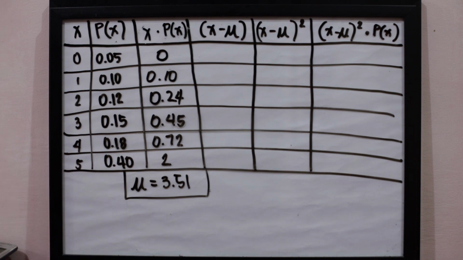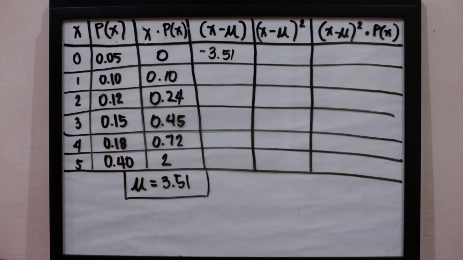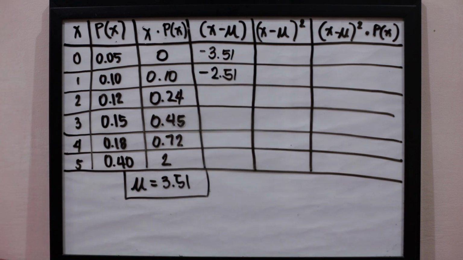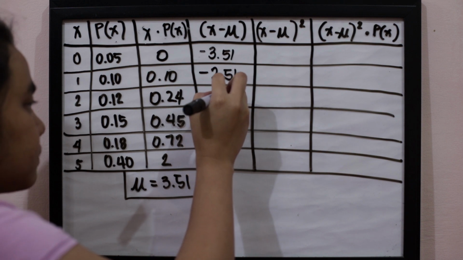So, we subtract the mean from x. 0 minus 3.51, the answer is obviously negative 3.51. Then 1 minus 3.51, the answer is negative 2.51. And then 2 minus 3.51, the answer is negative 1.51.